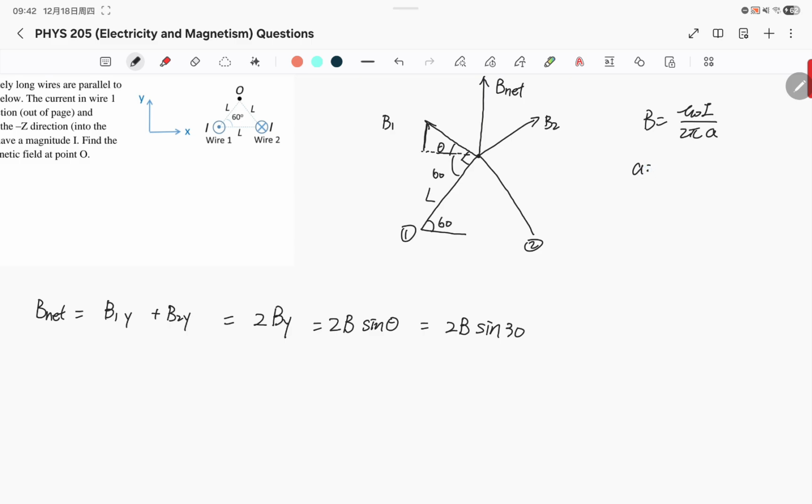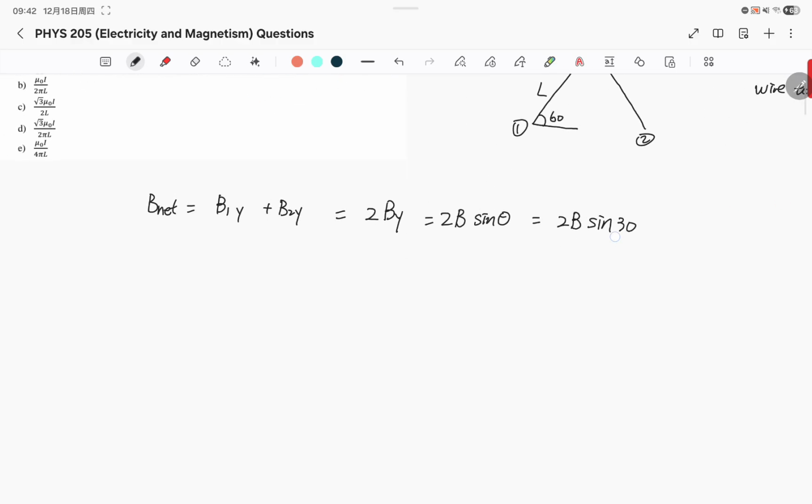And a is the distance from the wire to the point. In our case, it's L.